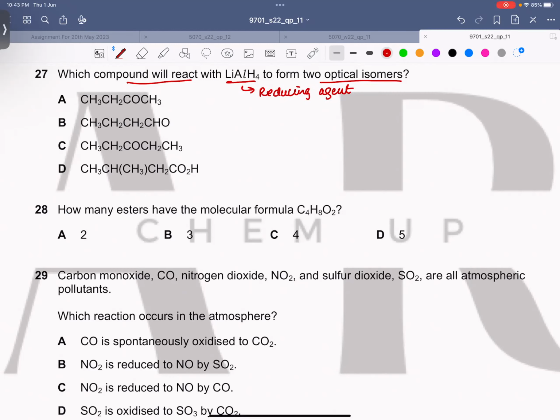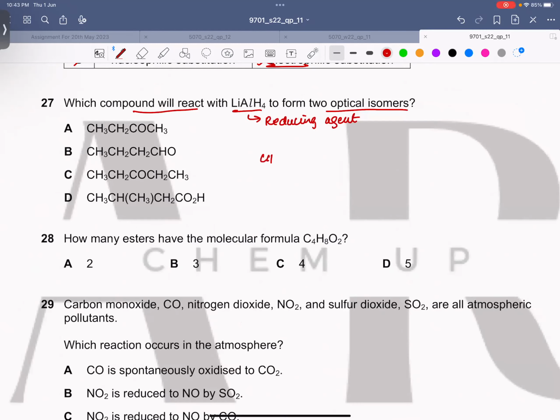If you look at A, it is CH3CH2C=OCH3. Here you are getting a chiral center, which means that you are getting the 2 optical isomers. So A is the correct answer.